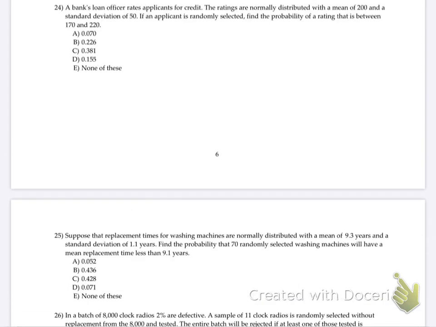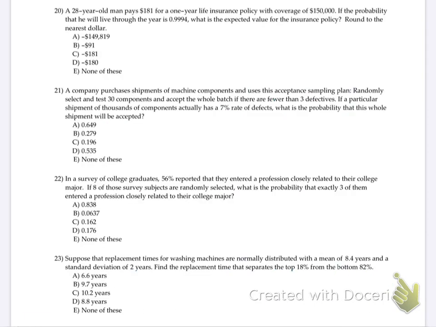So in L1, we're supposed to put the dollars that you would win minus the dollars cost, and this one negative dollars cost, and then L2 will be the probabilities.